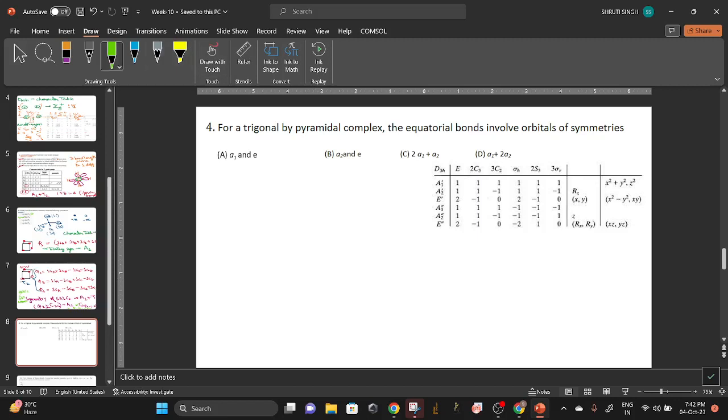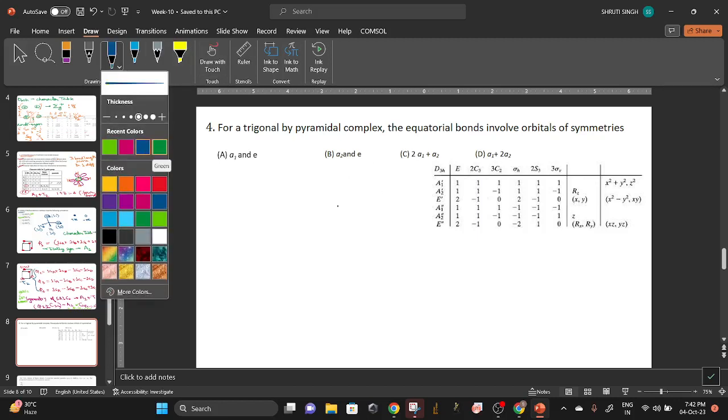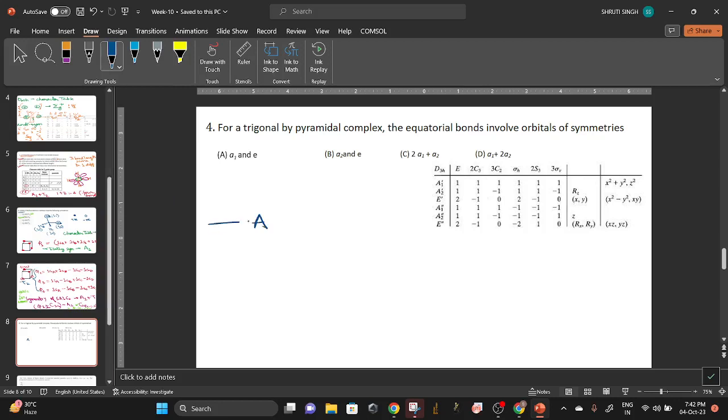So for trigonal bipyramidal, let's draw trigonal bipyramidal. Now the equatorial bonds involve orbitals of some symmetry. So we have to consider the equatorial bonds. Let's say this is sigma 1, sigma 2, sigma 3. I'm writing sigma because they want the symmetry of orbitals.